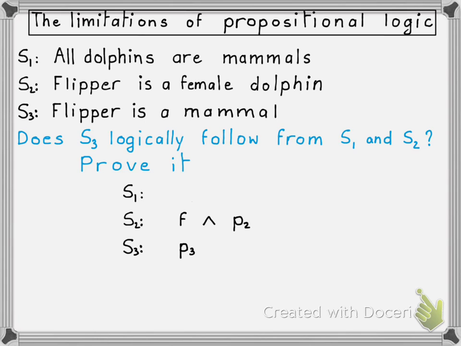You should think about whether this makes sense to you, but I claim that the translation of "all dolphins are mammals" is something like this: D implies M. If you're a dolphin, then you're definitely a mammal. Notice the implication doesn't go the other way. At least S1 does not claim that every mammal is a dolphin. Just the other way around.